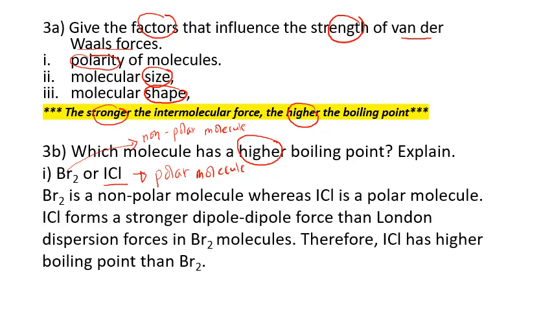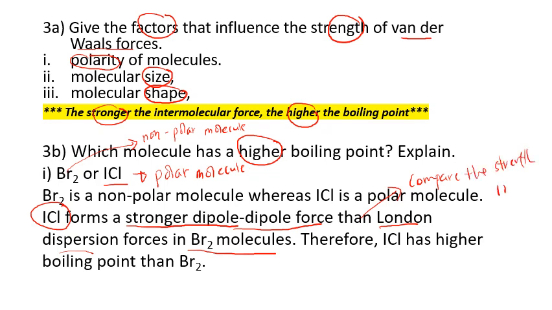Next, because it is a polar molecule, ICl will form strong dipole-dipole forces. While for bromine, because it is a non-polar molecule, it will only possess London dispersion force. Here, because we want to compare the boiling point, we have to compare the strength of the intermolecular forces. The dipole-dipole force, as I already mentioned, is stronger than London dispersion force. Therefore, ICl has a higher boiling point.